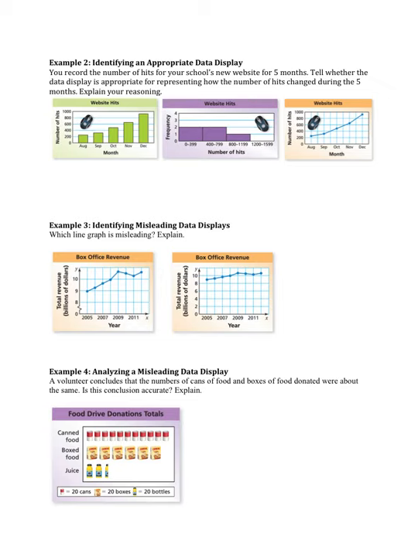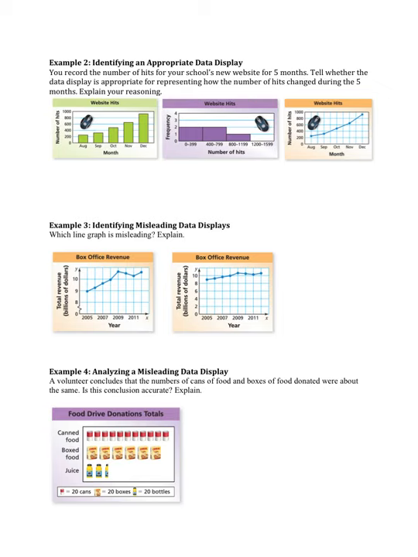All right, next, we're going to identify an appropriate data display. So it says you record the number of hits for your school's new website for 5 months. Tell whether the data display is appropriate for representing how the number of hits changed during the 5 months.